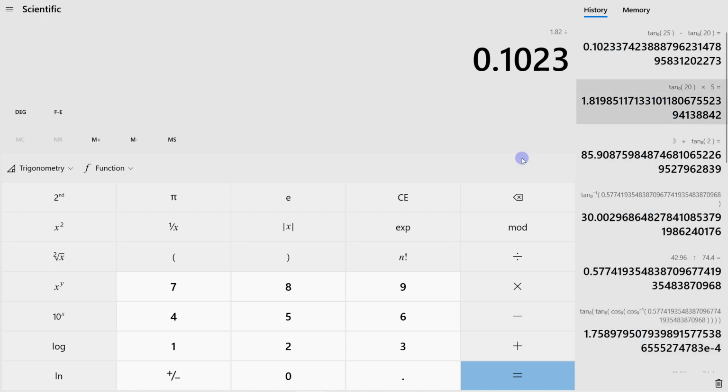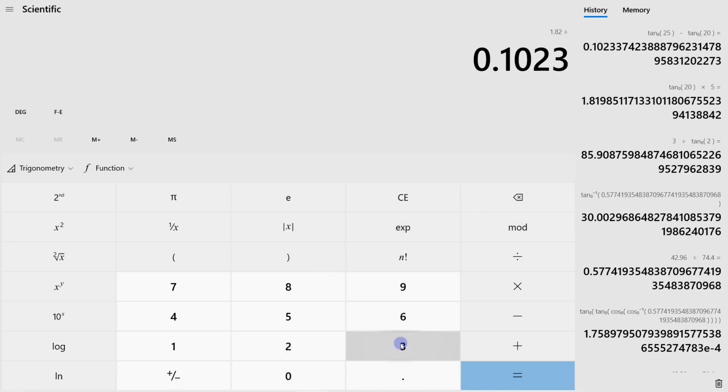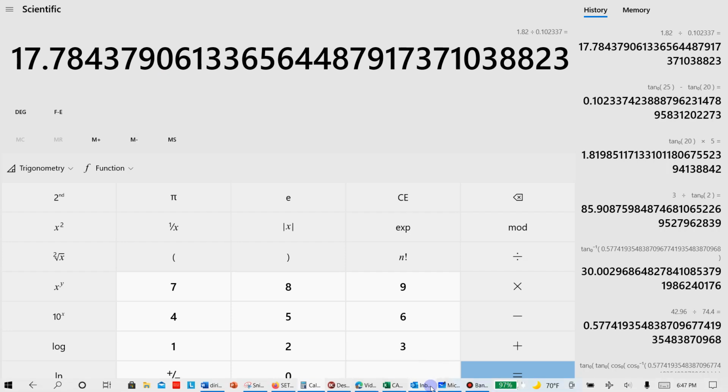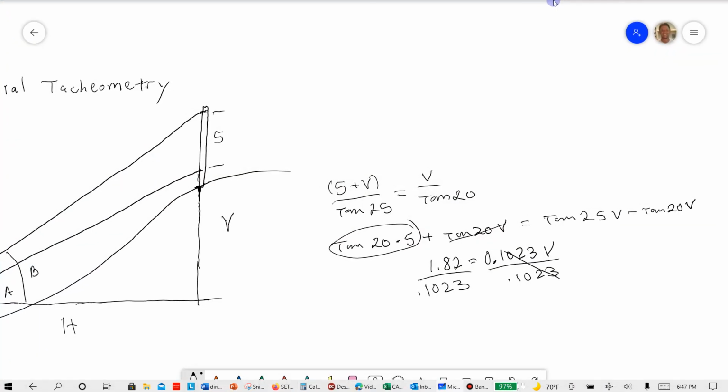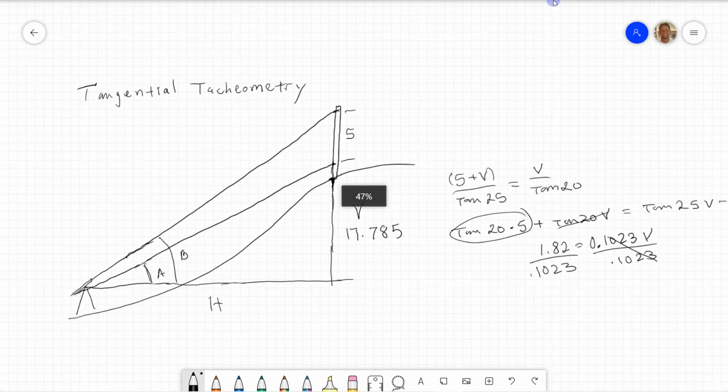There it is, 102.337, and equals, there we go, we got 17.78. So the V is equal to 17.785.